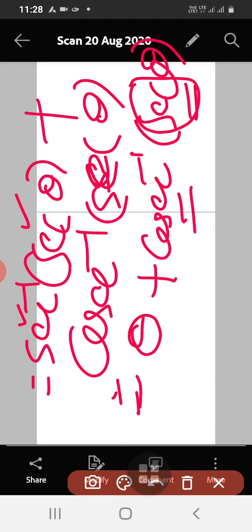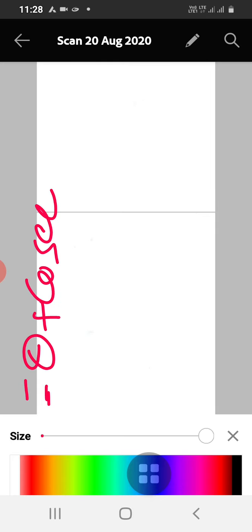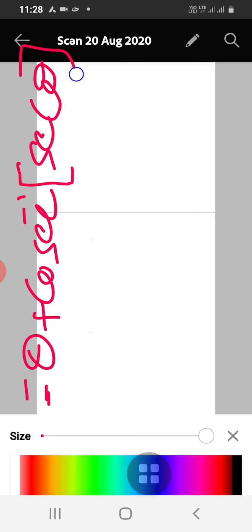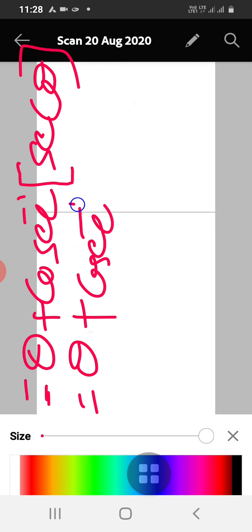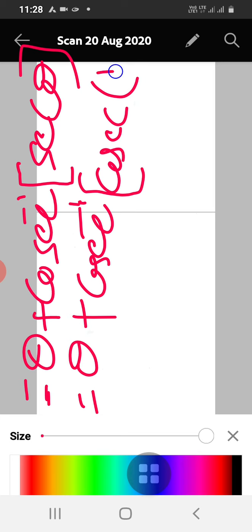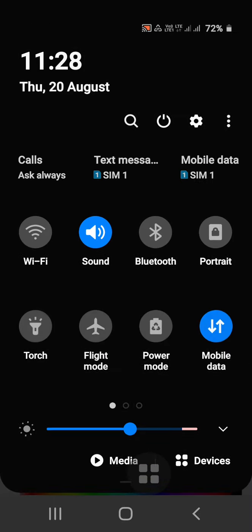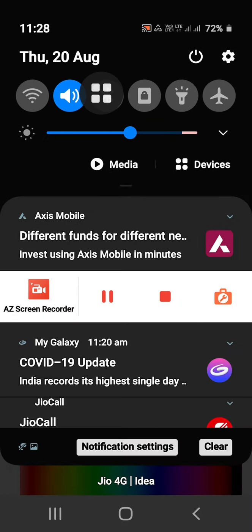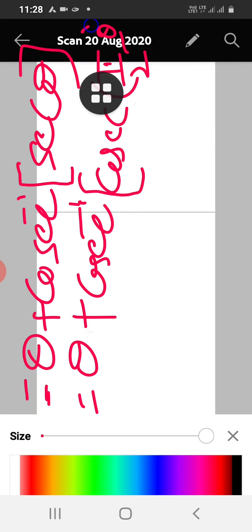So I will write the step here. That is theta plus cosecant inverse of secant theta. I will write this as cosecant inverse of cosecant of pi by 2 minus theta.